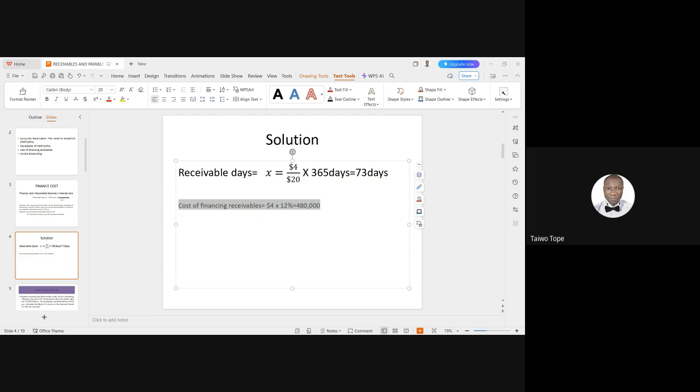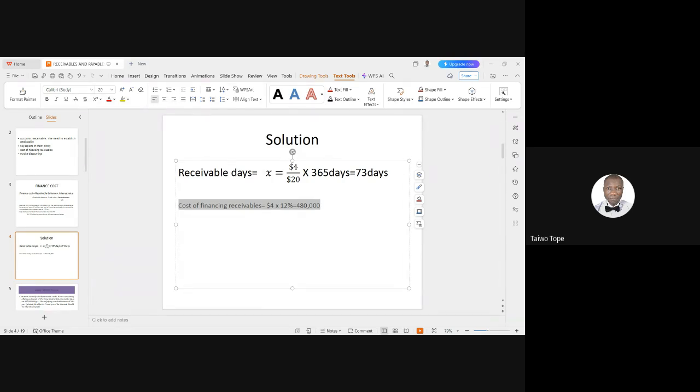So now, this is talking about the financing of receivables. We can have a case whereby when you give your customers credit and your customers decide to pay you earlier than expected, or you can give a condition that if you pay me within 1 month, this will be the discount.